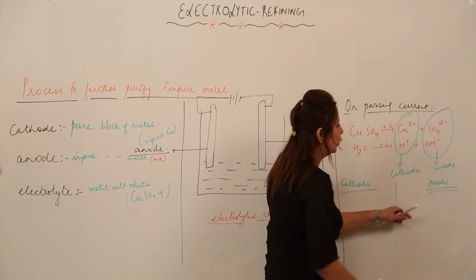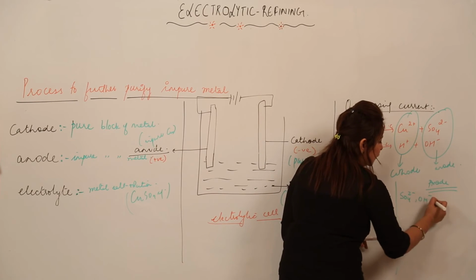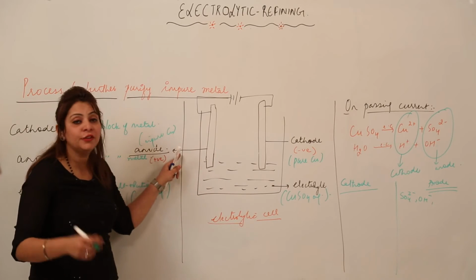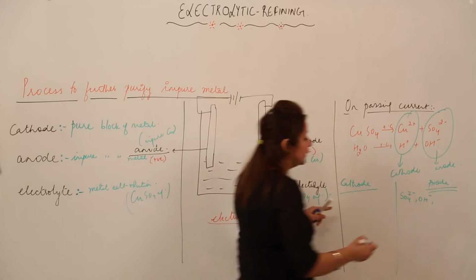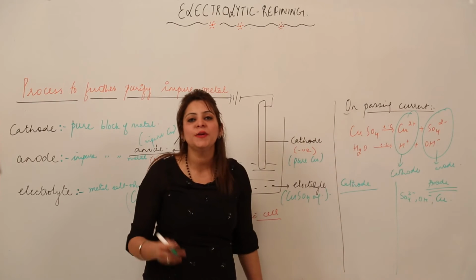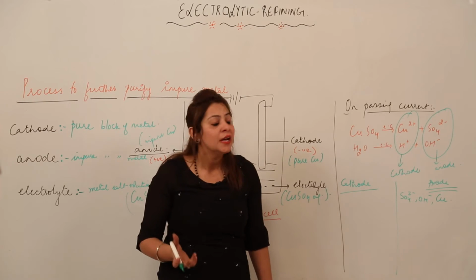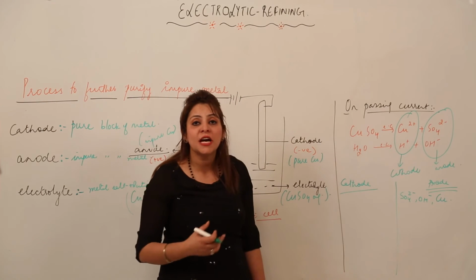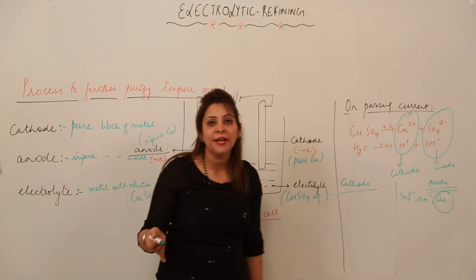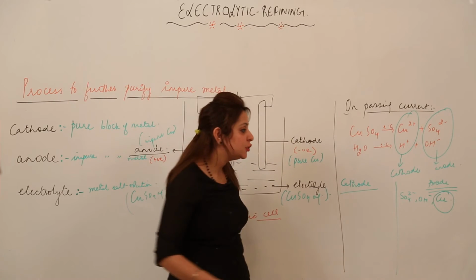On anode, which ions migrate? Sulfate ions, hydroxide ions, and don't forget the anode is made up of impure copper, so it too has copper atoms. Out of these three, the one which has the low discharge potential is going to get discharged. And when we compare their discharge potential, copper has the lower discharge potential. So out of these three, copper is going to undergo a chemical change.